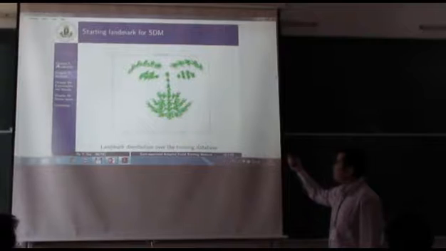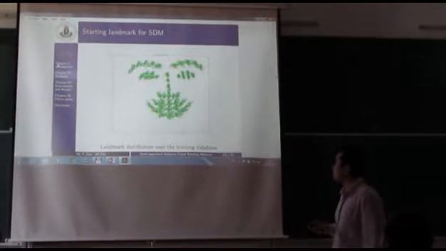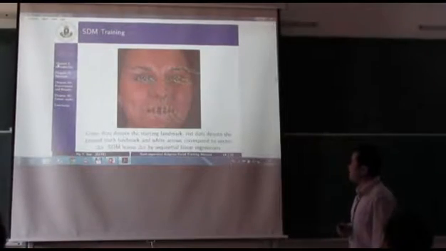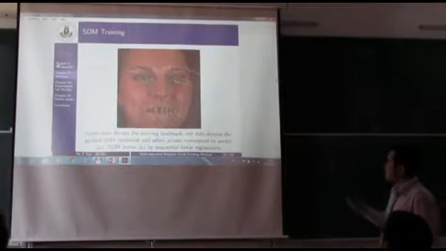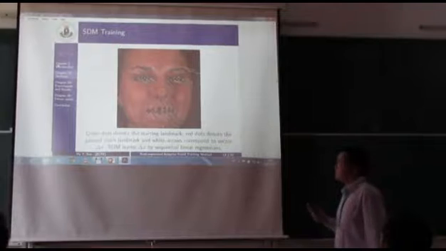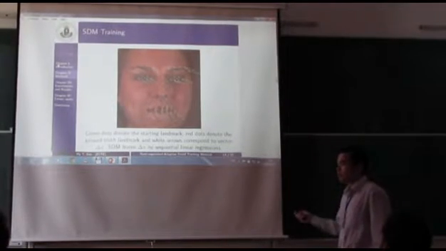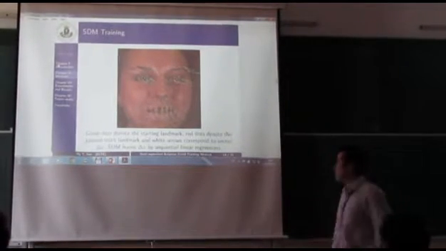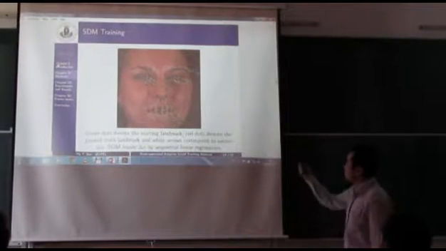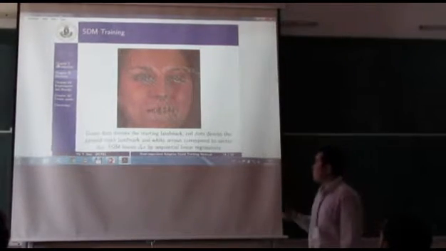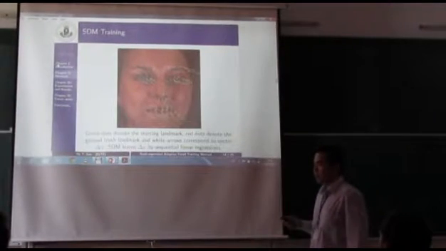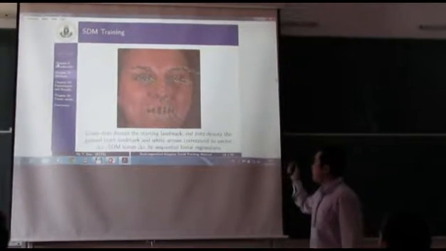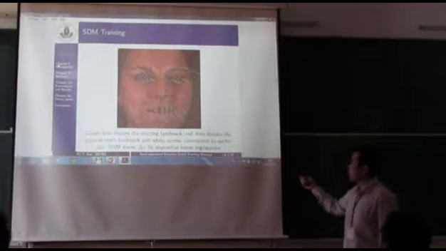The red point represents the average of all landmarks. In SDM training, for example, in this case, the green dot represents the starting landmark, as we found as the average landmark over the whole training database. The red dot is the ground truth landmark. The white arrow represents delta x, and SDM learns delta x by sequential linear regressions.